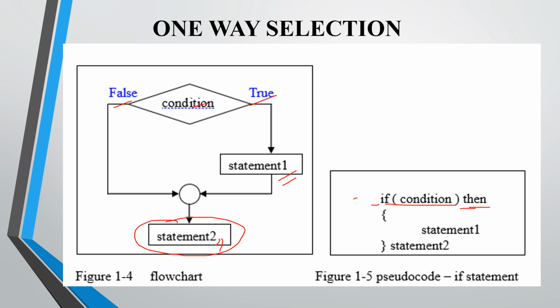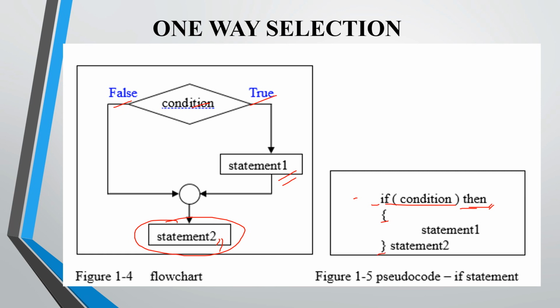We will explicitly state this word then. Unlike in programming, wala na yung word na then, pero sa atin, we will have this then. If condition, enclosed with the parentheses, is our condition, and then the reserved word then, and then open and close curly braces.